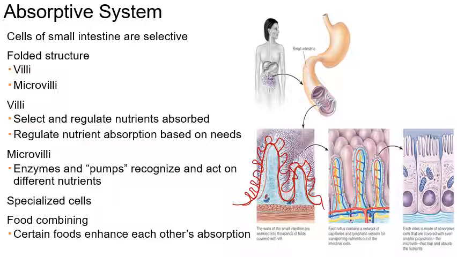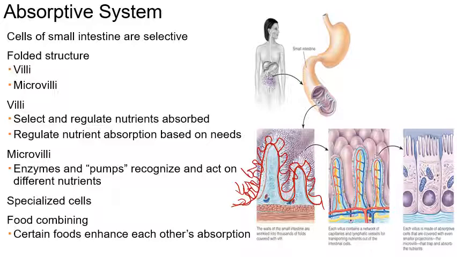They catch the floating nutrients, and since they have more surface area, when you see it, look, there's a lot of surface area. So they can catch and absorb more nutrients, versus if they didn't have the microvilli or the way it's shaped, they wouldn't catch as many nutrients as they need. So these are specialized cells.